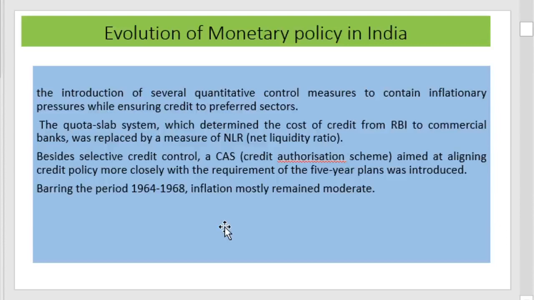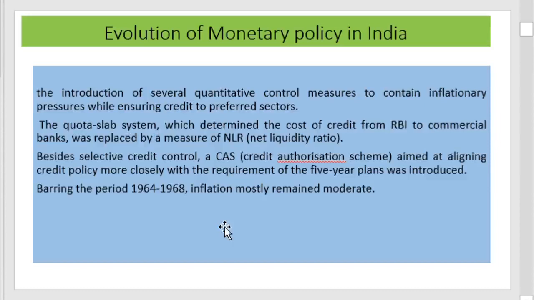Several quantitative control measures to contain inflationary pressure while ensuring credit to the preferred sector were also introduced. The quota slab system, which determined the cost of credit from RBI to the commercial banks, was replaced by the measure of net liquidity ratio.